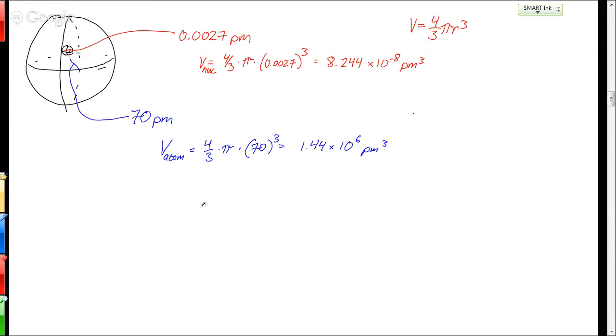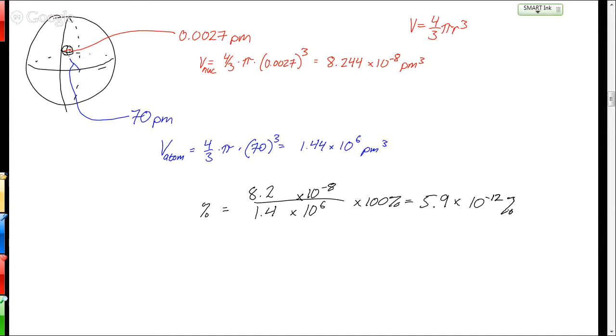So that would be 8.2 times 10 to the -8th, or really we should keep with the two significant figures, so we'll do it that way. 10 to the -8th divided by 10 to the 6th would be 10 to the -14th, and then we move it over, so we get -12th.